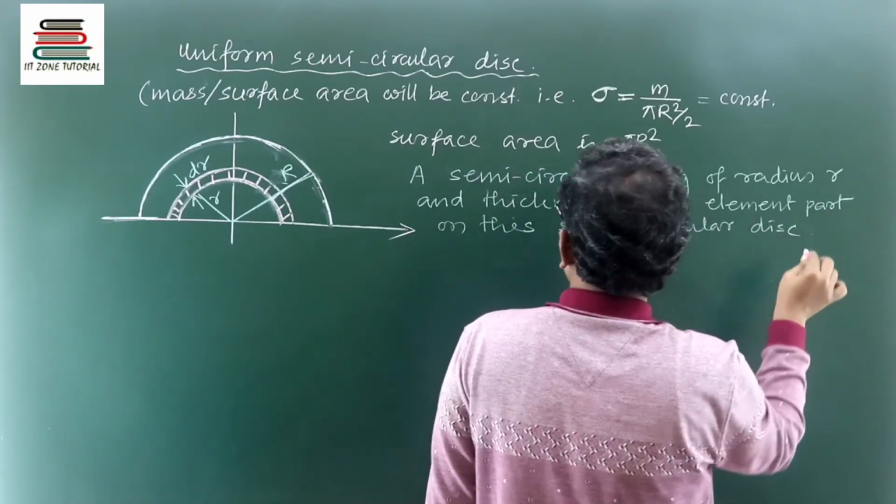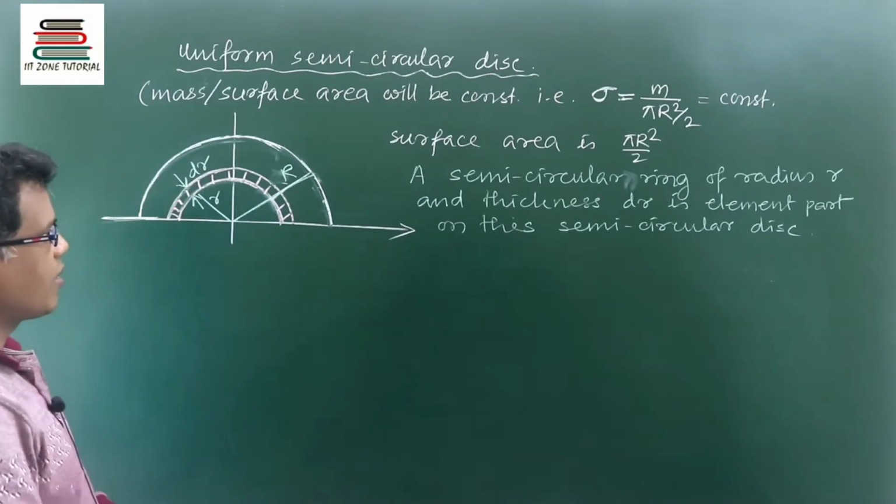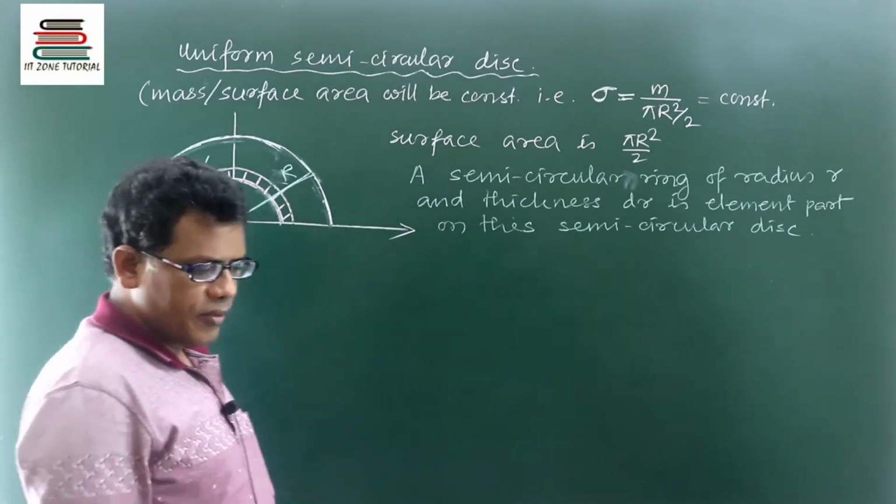Are you getting my point? On the surface of the semicircular disc, we are assuming a semicircular ring of radius r and of thickness dr.